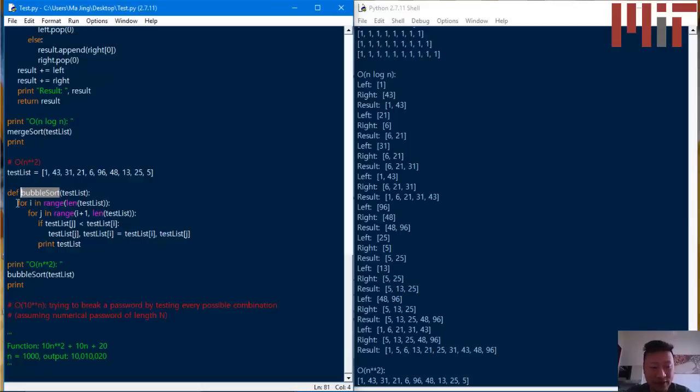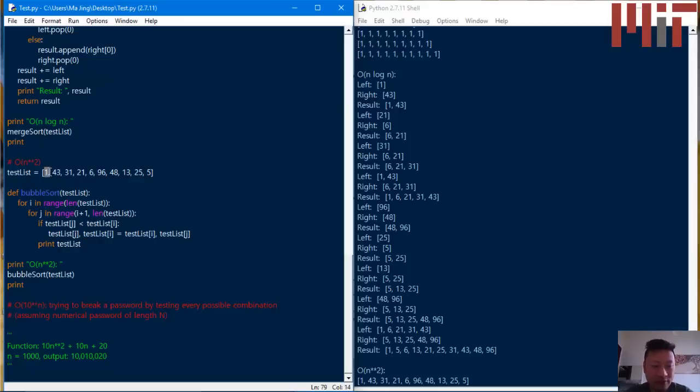What bubble sort does is there's a loop that goes through all of the elements, and there's another loop that goes through all of the elements, and you compare the numbers next to each other, and if the number to the right is smaller than the number to the left, you're going to swap them. Here, swap, and every time that happens, we're going to print a list. So every step is going to be printed.